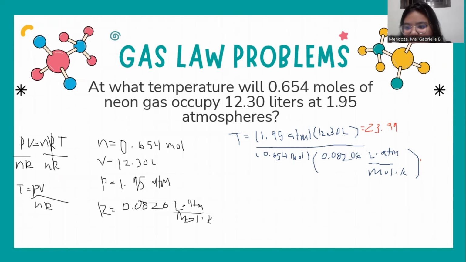Then, yun dito sa baba, equivalent niya ng 0.654 times 0.08206.